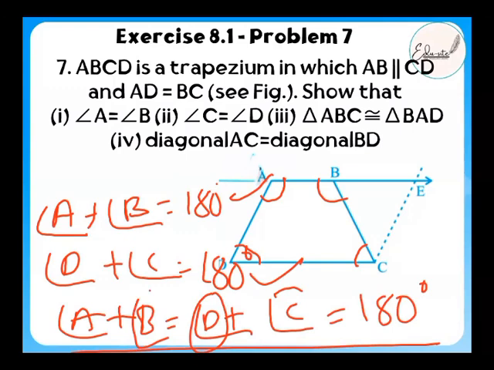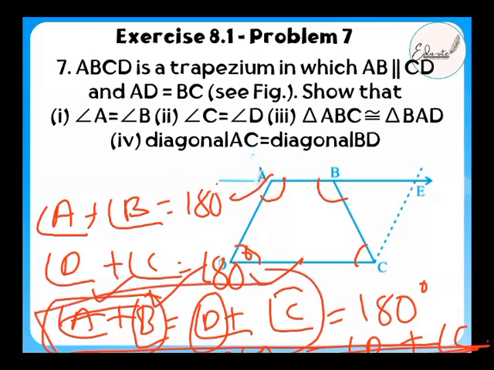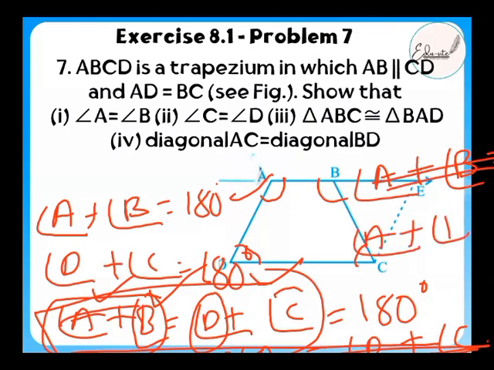But we also know that angle A is equal to angle B. So angle A plus angle A gives you 2 angle A is equal to angle D plus angle C. Or we can also write angle A plus angle D is equal to angle A plus angle C. Can we not write it as this? Do you know why?